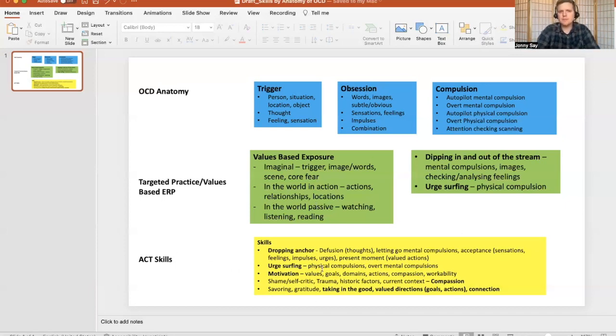At the bottom, the most important part of this is the ACT skills and compassion skills that I would use. I've simplified them here, and you can find them all on the OCD skills playlist.